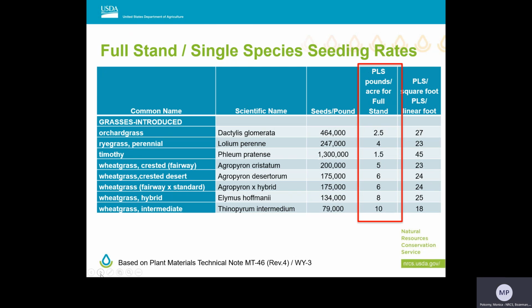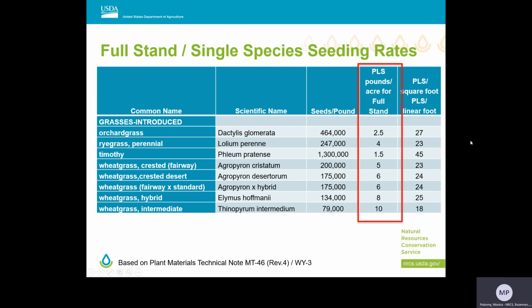This table, again from our plant materials technical notes, shows what the recommended full stand seeding rate is in pure live seed pounds per acre. This rate is based on using a drill seeder on a good site, so a non-critical area site. It's also based on using a 12-inch between row spacing in our drill seeder.